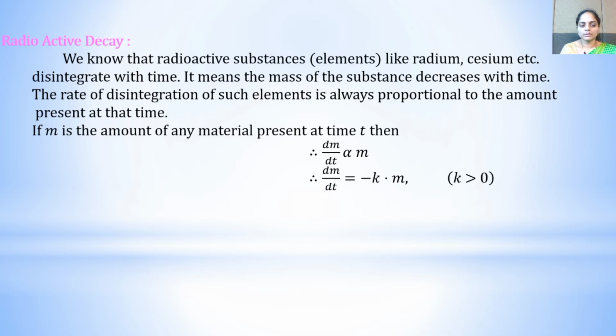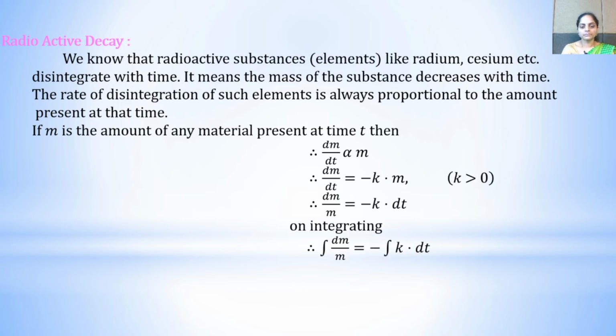To convert to variable separable form, we take the terms of m on the LHS and the remaining terms on the RHS. So we get dm by m is equal to minus k into dt, which is our variable separable form. To get the solution, we take integration on both sides.